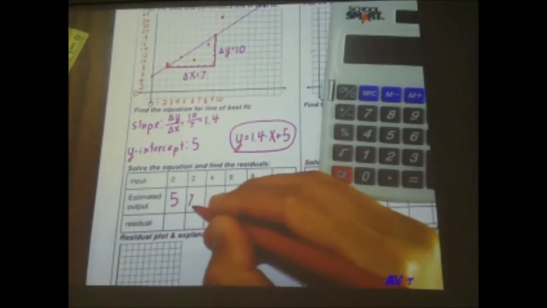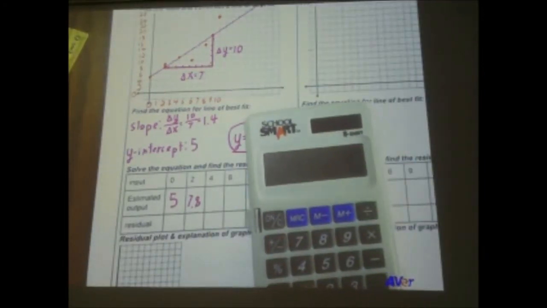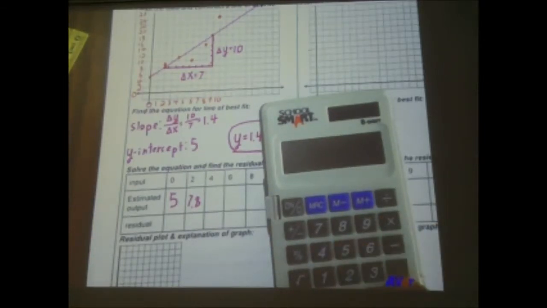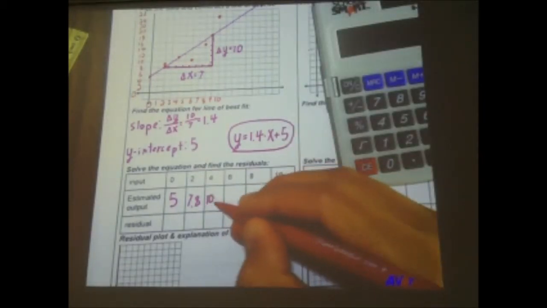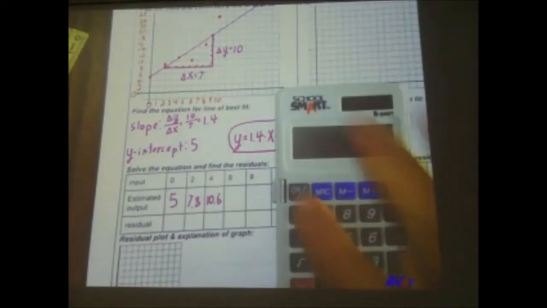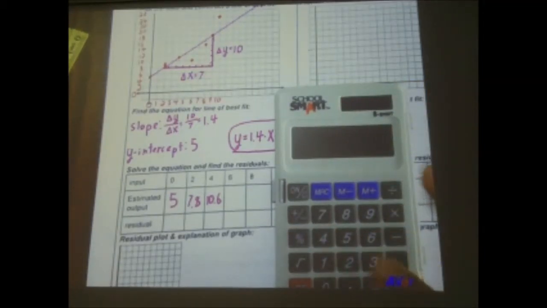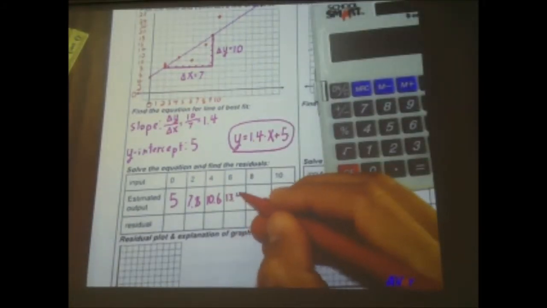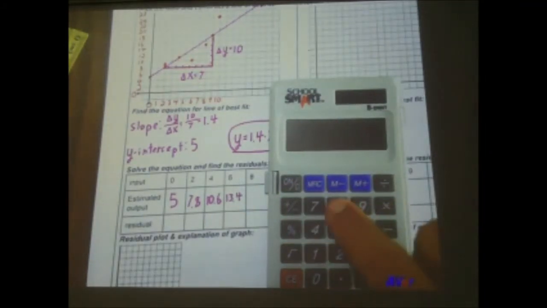And then we do it for 4. 1.4 times 4 plus 5 is 10.6. 1.4 times 6 plus 5 is 13.4. 1.4 times 8 plus 5 is 16.2.